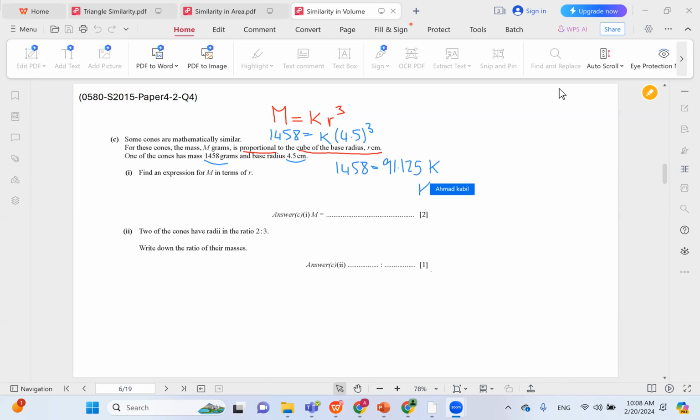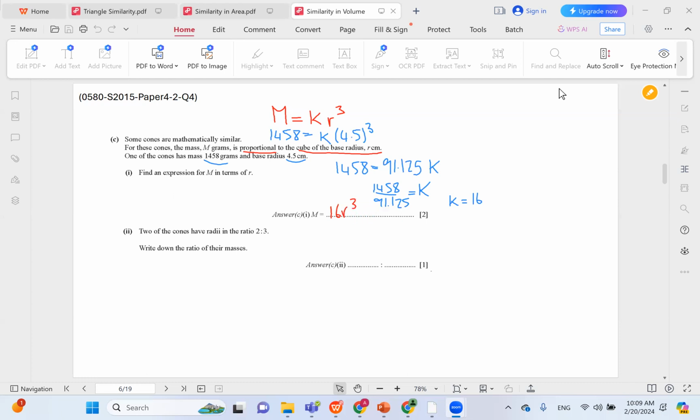And k equals 1,458 divided by 91.125. This gives us 16. So k equals 16. And we rewrite the equation finally. M equals, instead of k r power 3, it would be 16 r power 3.